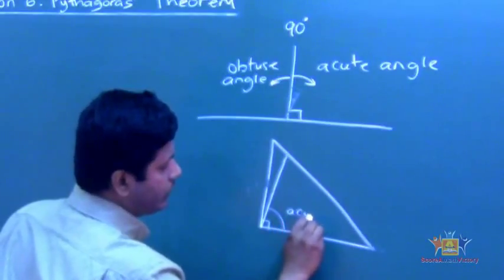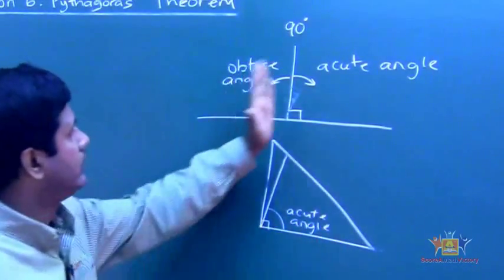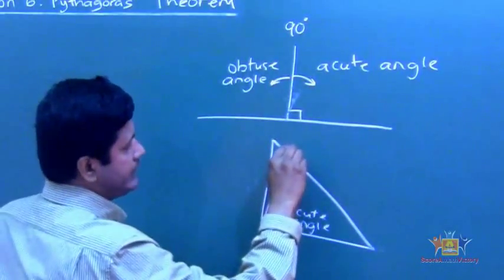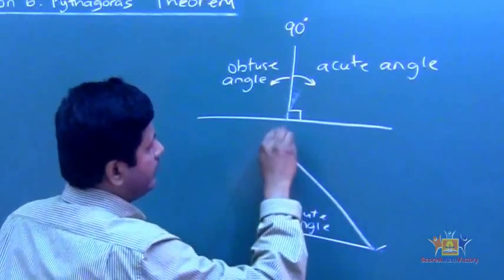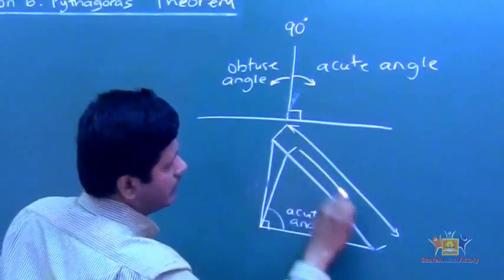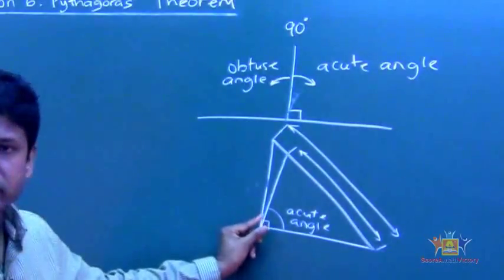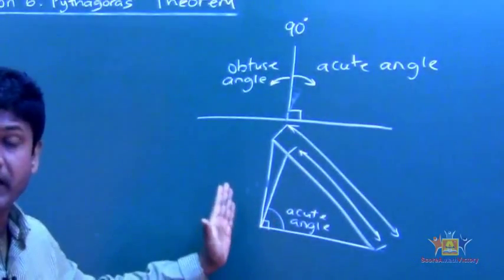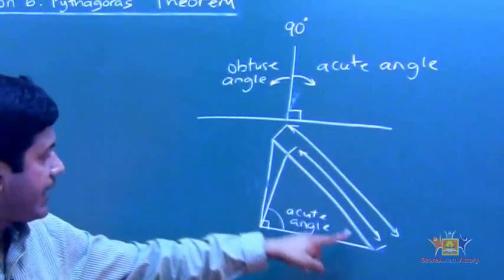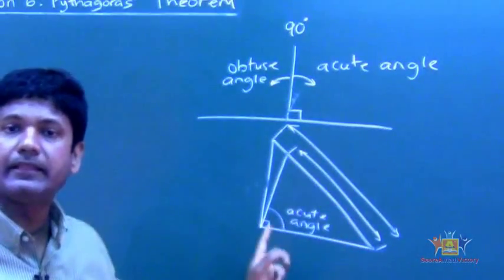Look at the distance from this point to this point. Can you see the difference? When the angle gets smaller than 90 degrees, in other words becomes an acute angle, the length gets shorter. The smaller the angle is, the shorter the length is going to be.